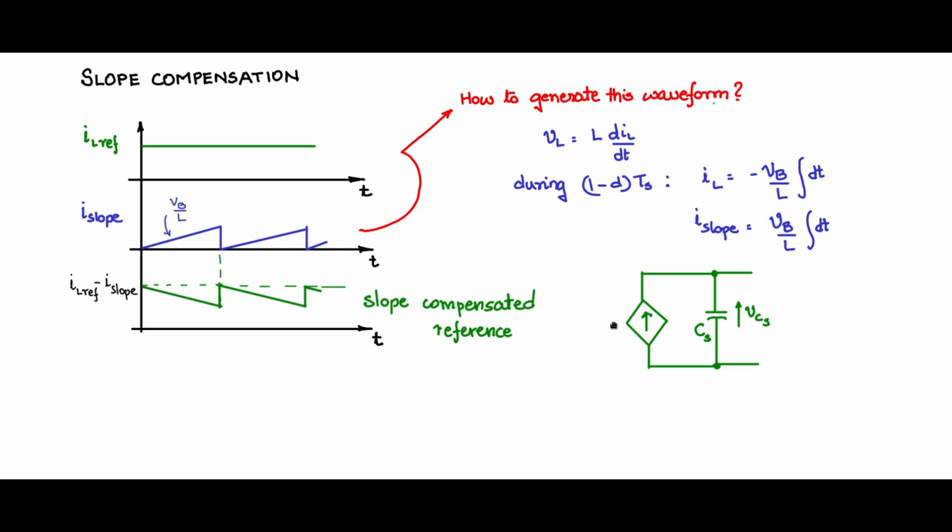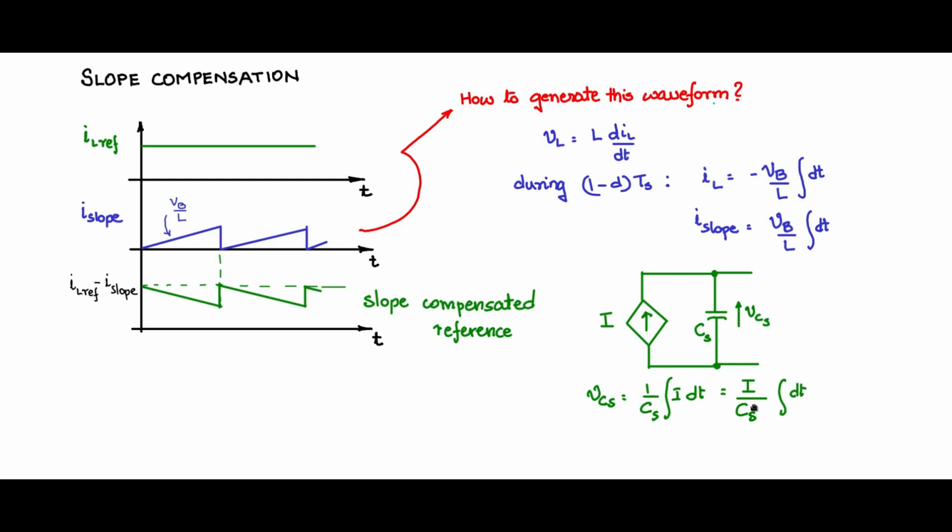Let us say there is a current I that you have decided for the current source. So what is the voltage across the capacitance? The voltage of the capacitance is 1 by Cs integral of I dt, which is I by Cs integral dt, because I is a constant.